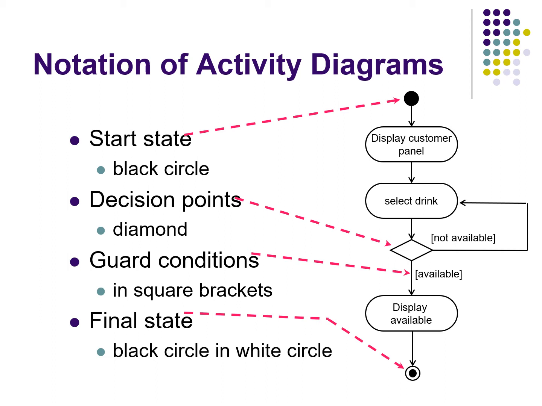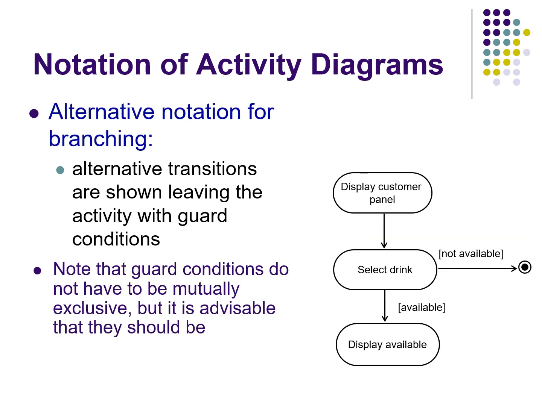It can also be in the form of, let's say, you have to do it in a repetition manner. On top of that, because you have a decision, you have to state the condition. In this case, it is called a guard condition, where it is labeled in square brackets. So you can write down what the conditions are for that particular decision point.